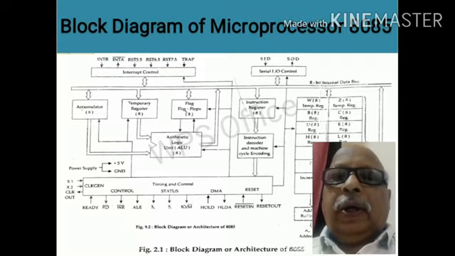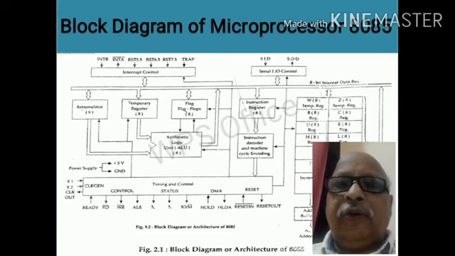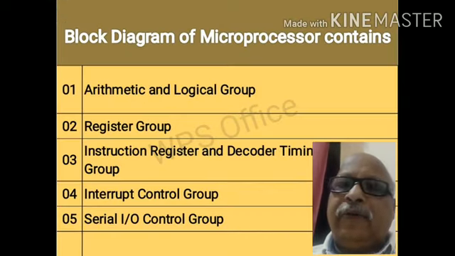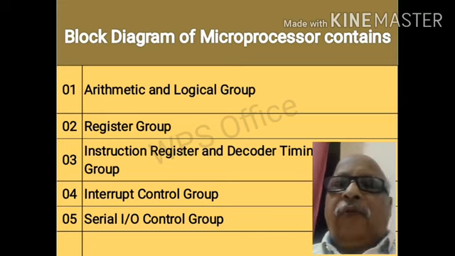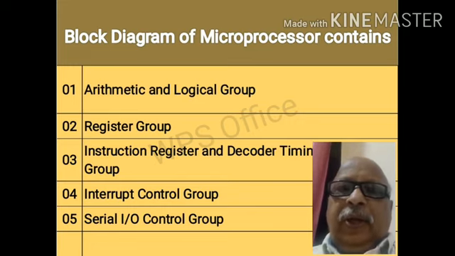The figure shows the architectural block diagram of microprocessor 8085. It contains different groups and blocks. The block diagram contains first the arithmetic and logical group, then the register group, instruction register and decoder, timing and control group, interrupt control group, and serial IO control group.